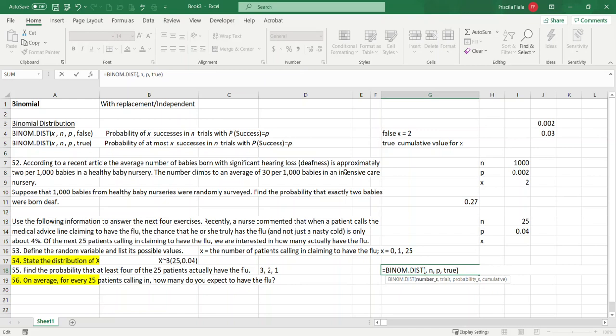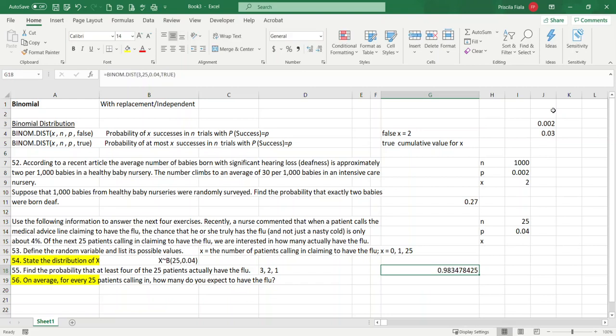My x is asking for at least 4. But we are using this formula to subtract from 1, so we do really 3, right? Your n over here is 25, 25 patients. Your probability is 0.04, which is 4%, and it's true, right?